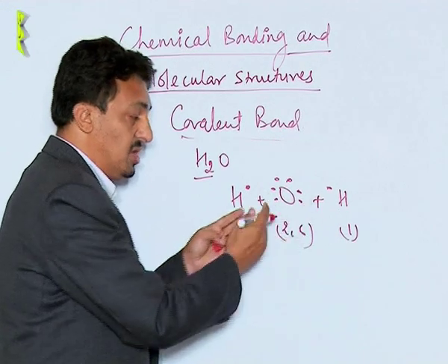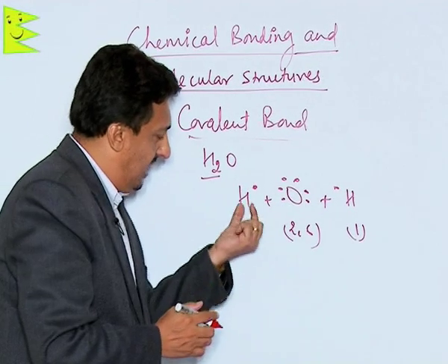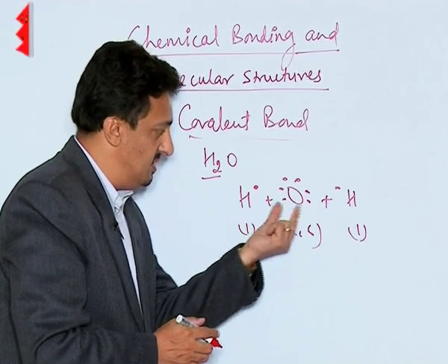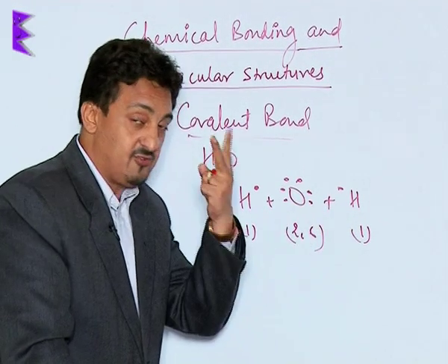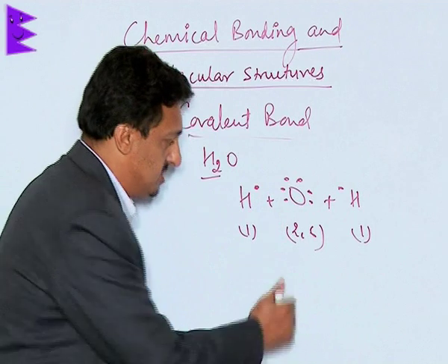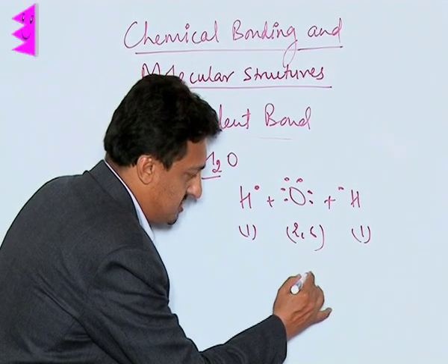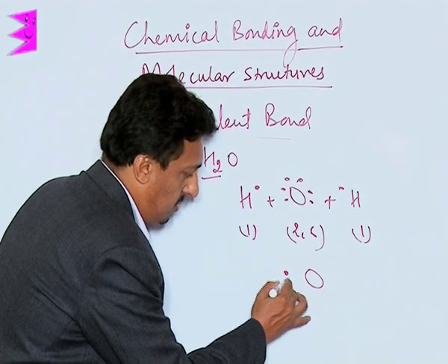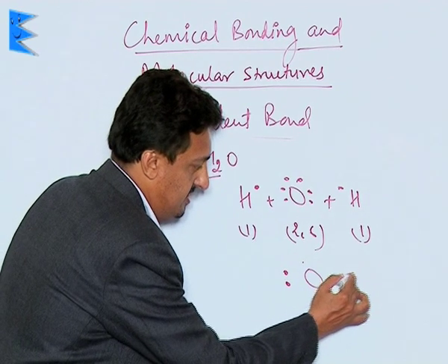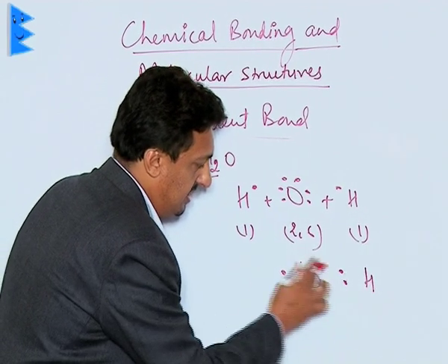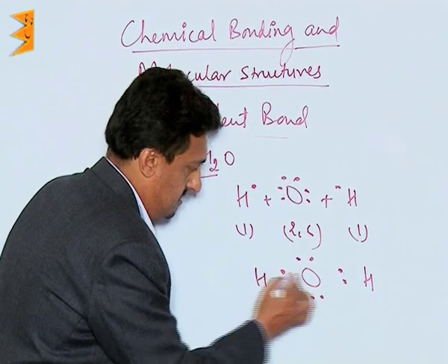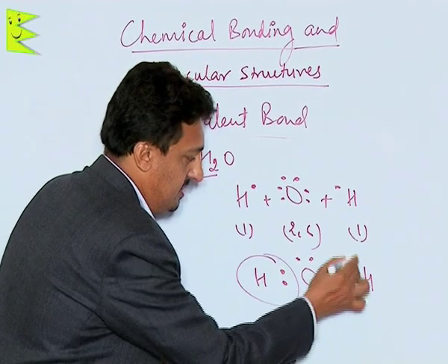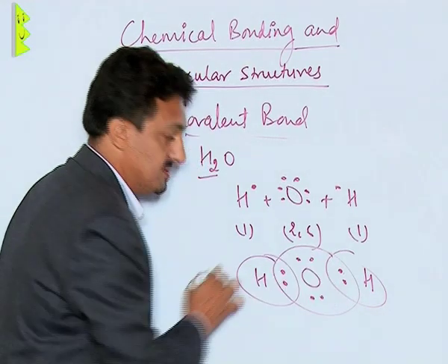When these three atoms combine, hydrogen shares one electron with oxygen. This oxygen also shares one electron with another hydrogen, because oxygen needs 2 electrons to complete its octet. So what we notice is that this oxygen is sharing one electron with the neighboring hydrogen atoms, and this is how its octet gets completed.